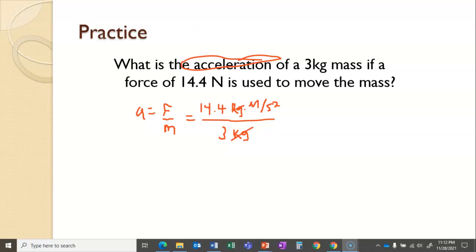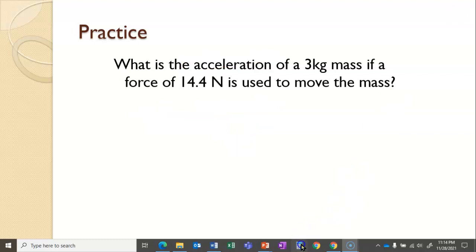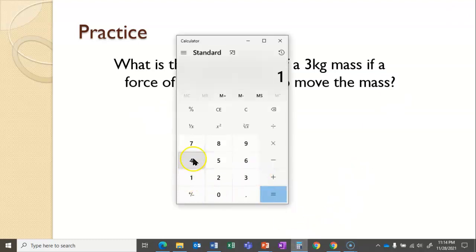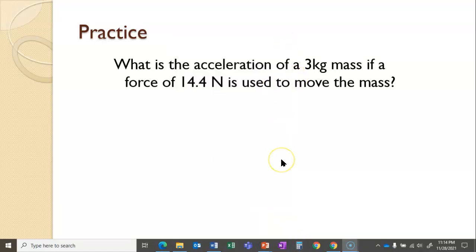If we bring up our calculator, 14.4 divided by 3 equals 4.8. So we've got 4.8 meters per second squared as our acceleration.